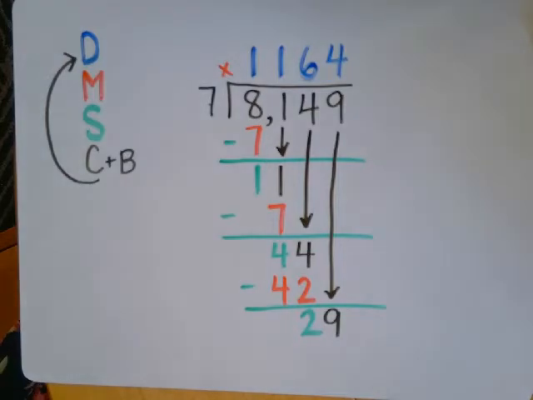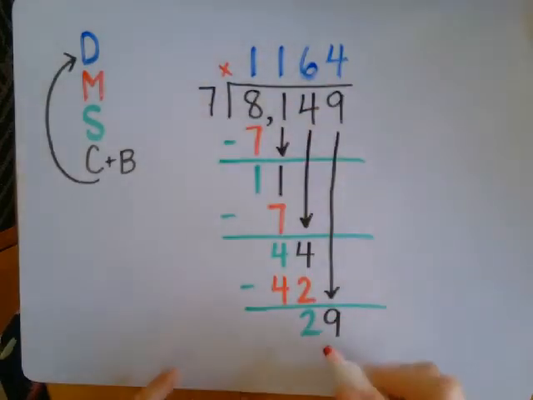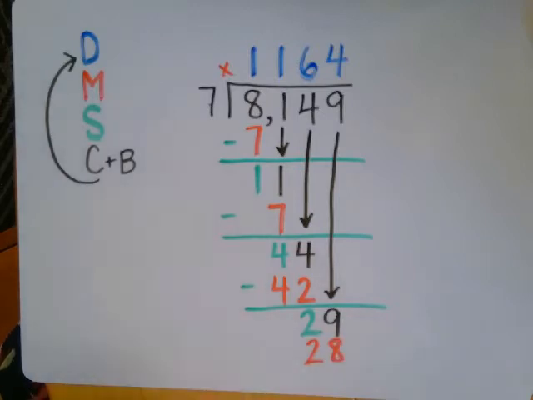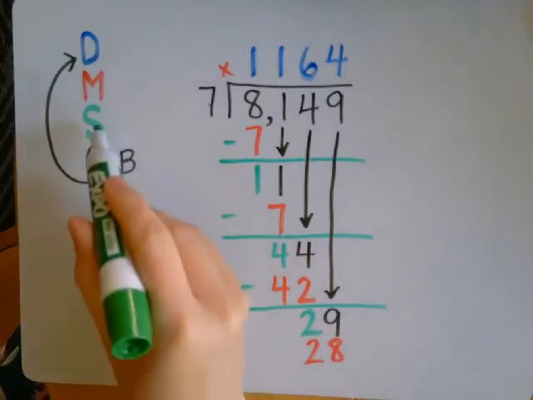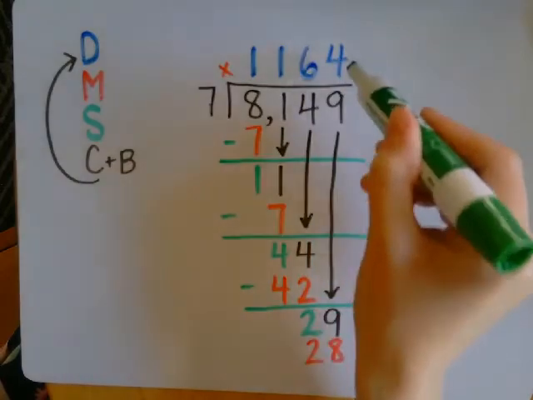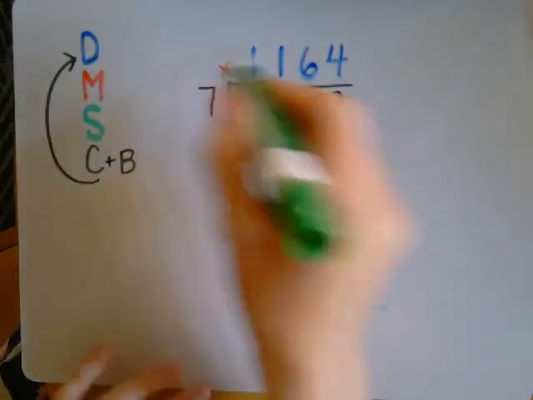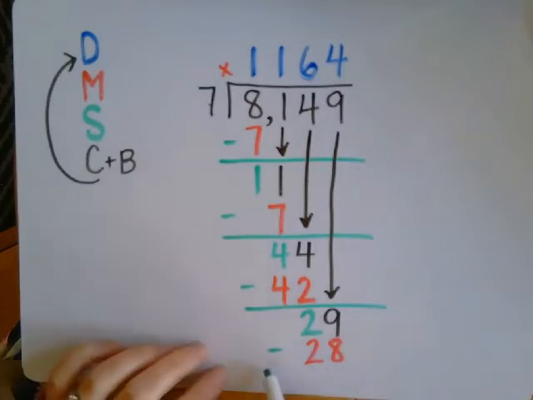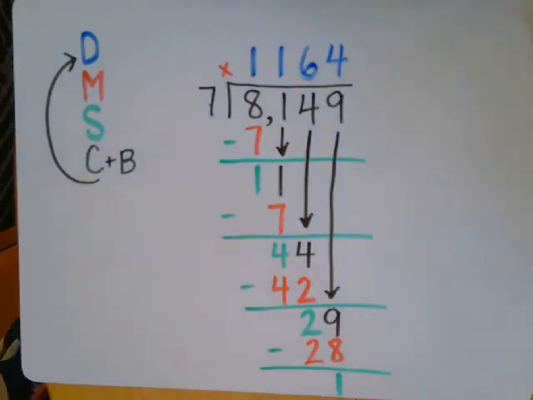Next, I multiply 7 times 4, which is 28. Then I subtract 29 minus 28, which is 1. Then I check and bring down.